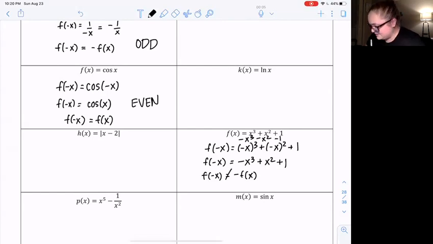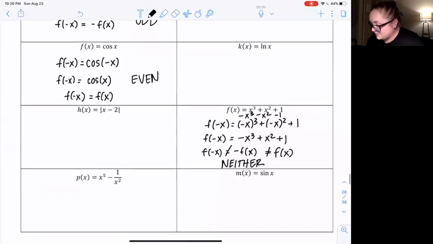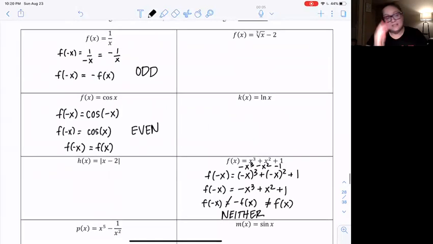So it doesn't appear to be this, and it doesn't appear to be this. So this is what you would consider to be neither. Okay, so you have 5 more examples. See if you can figure out if these 5 other examples are even or odd, and then meet me back here once you finish those examples.